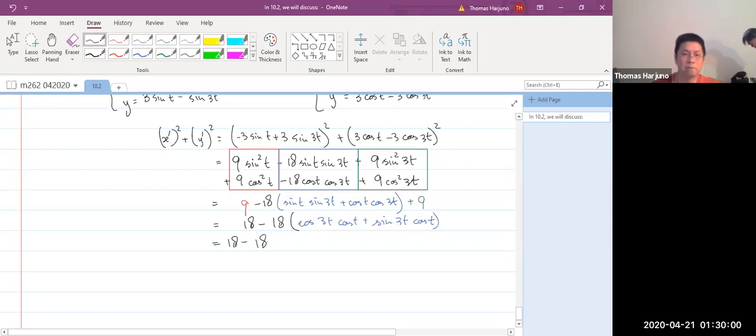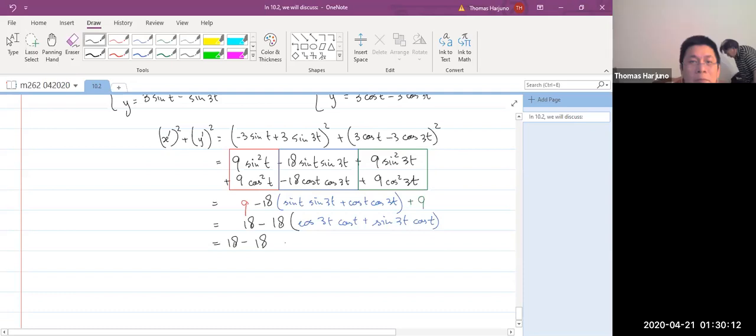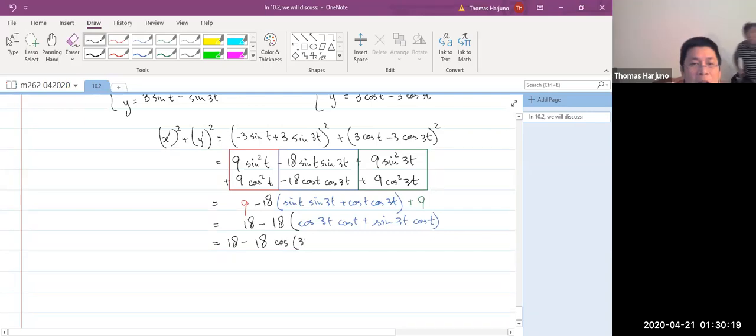Is that like a product sum formula? Okay, that's cosine of 3t minus t, which is 18 minus 18 cosine 2t.